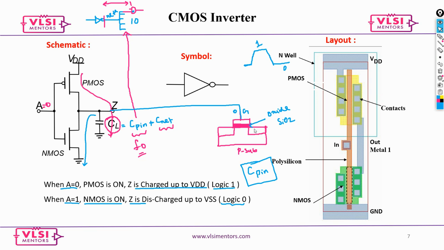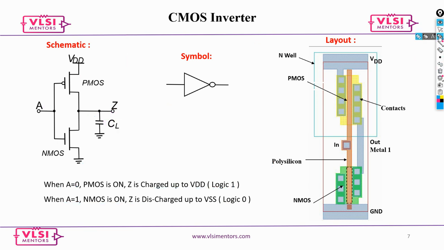Okay, moving on. Now, how do we design a buffer? Cascading two inverters. Exactly.